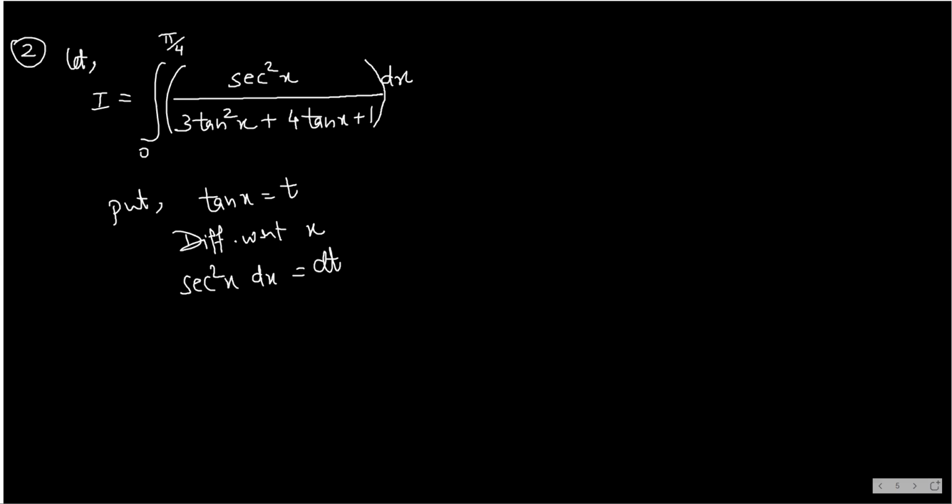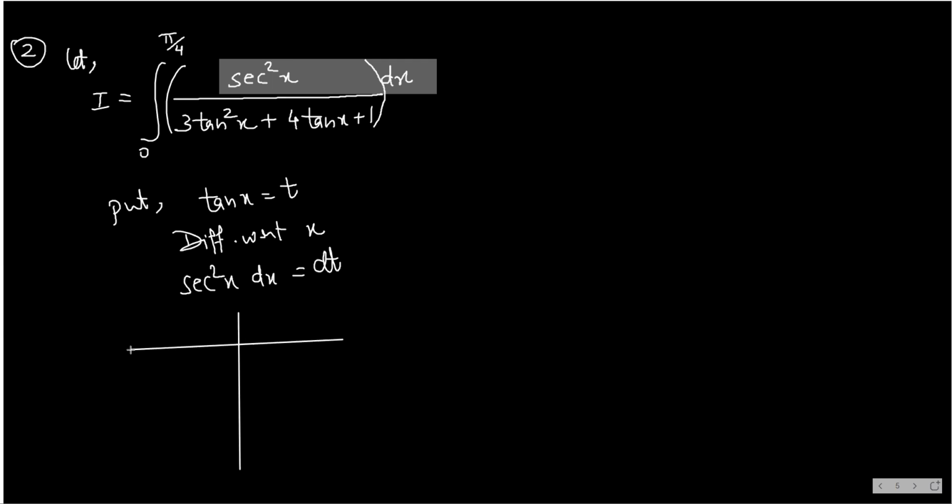So this whole thing becomes dt. And wherever tan x is below, we will put t. So as such we can now write the integral in t. But before that, I see that I have to write the interval for t. So here I write the interval for t. I write here when x equals 0 and when x equals pi by 4.